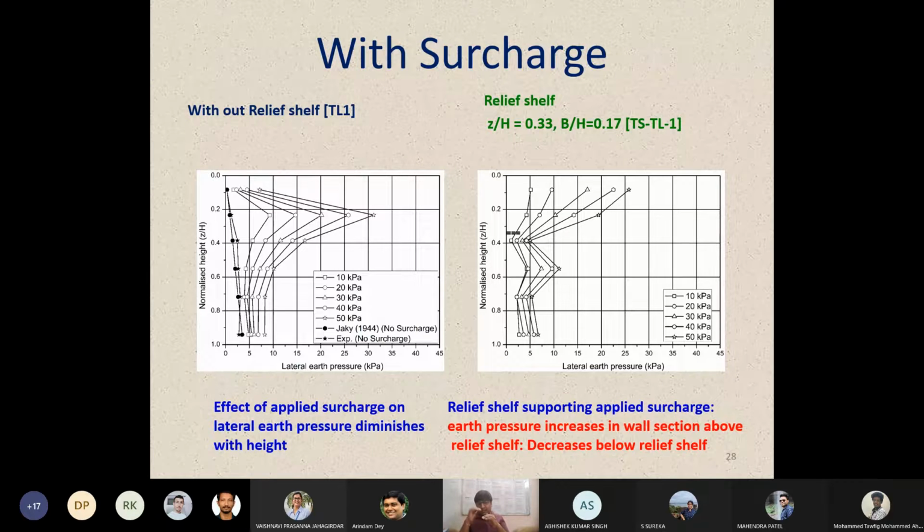Once it is taking the load, the overall overburden pressure in the upper area is increasing, and lateral earth pressure is directly proportional to the overburden, which is why the lateral earth pressure has increased in the upper portion.